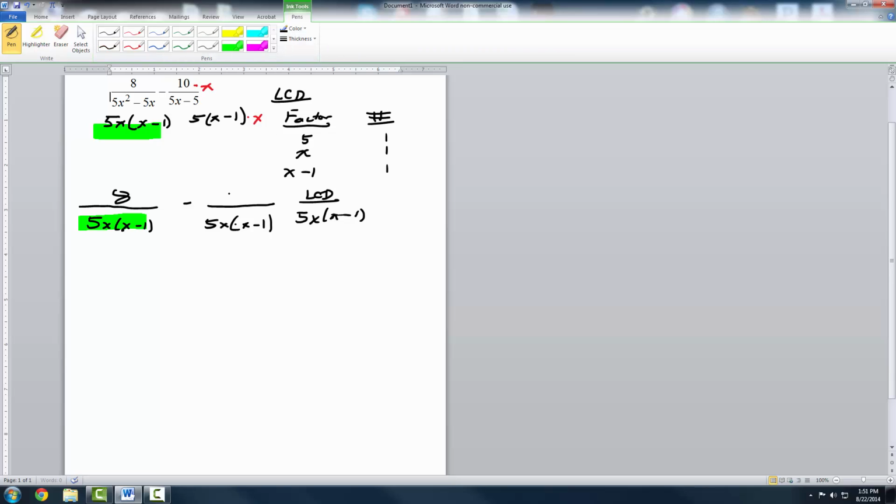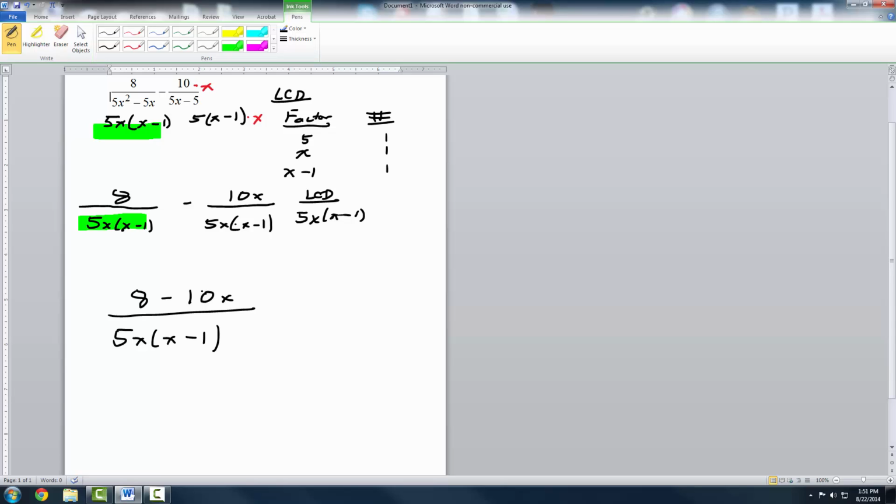And that gives us 10x now. Okay, so now we have 8 over 5x times x minus 1 minus 10x over 5x times x minus 1. So now we can put these together. So the numerator is 8 minus 10x, and the denominator is 5x times x minus 1.